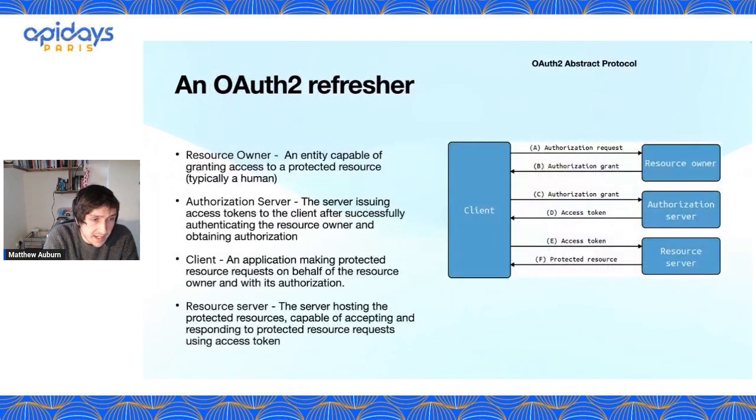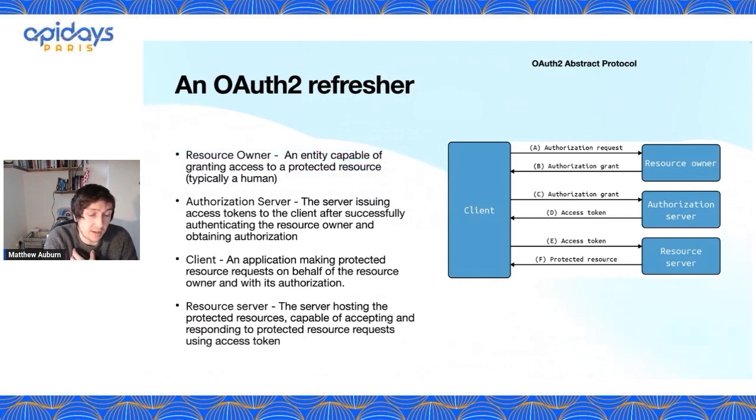Before we start getting into the topic, there's an assumption that you're already a little bit familiar with OAuth2, but I'm just going to give a quick refresher of the roles. We have a resource owner, who grants access to their resources. An authorization server issues access tokens to the client, and the client is an application.